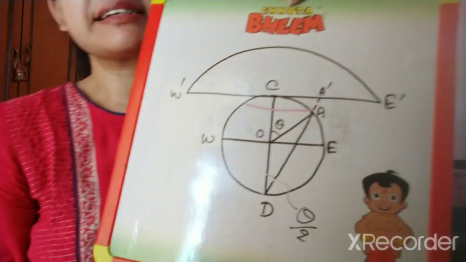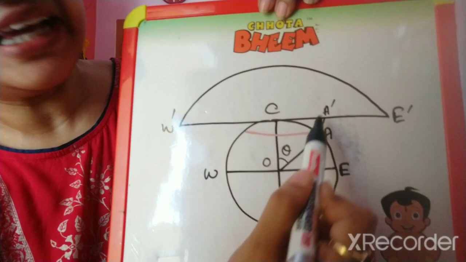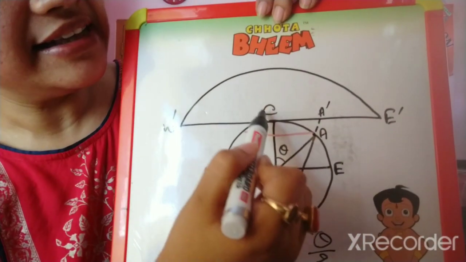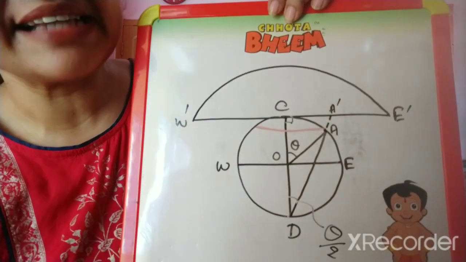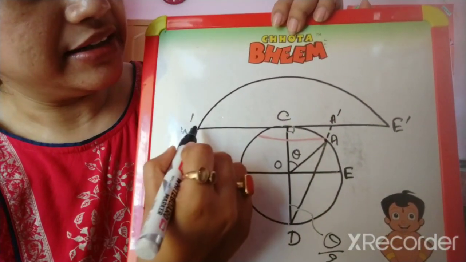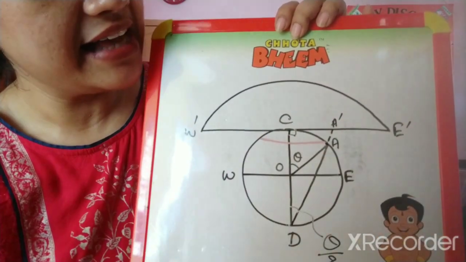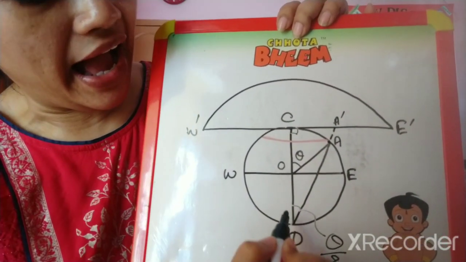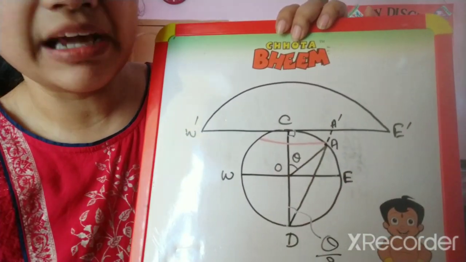Now let us consider this triangle, angle CDA dashed. Here this angle C is 90 degrees because the plane of projection is tangent at point C. Angle CDA dash is θ by 2.